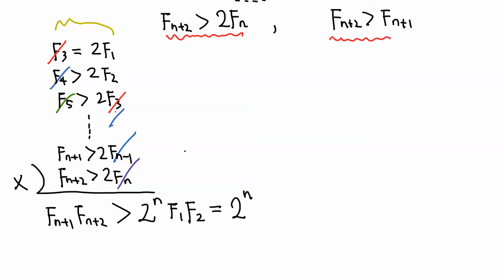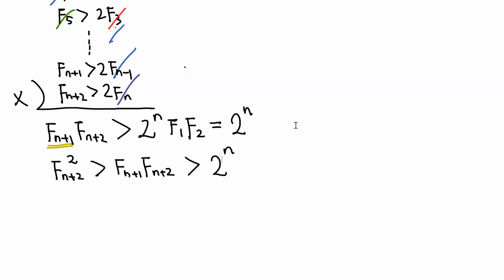Next, let's make use of this inequality. So if we replace Fn+1 here with Fn+2, then because Fn+2 is greater than Fn+1, we will have Fn+2 squared is greater than Fn+1 times Fn+2, which is greater than 2 to the power of n.